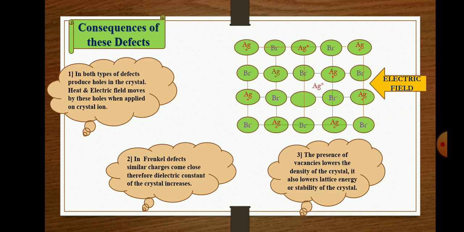So in the next stage again silver ions are misplaced from their sites and occupy voids, and the hole is created and electric field is passed from one end to another end in the crystal, and therefore those holes created in the crystal are responsible for heat and electricity passing in a solid structure.